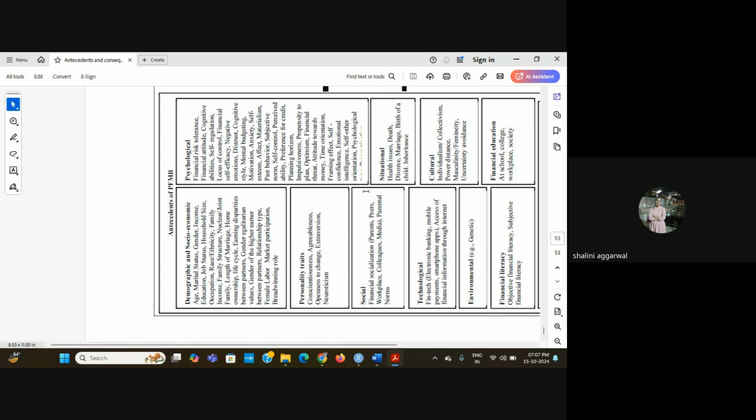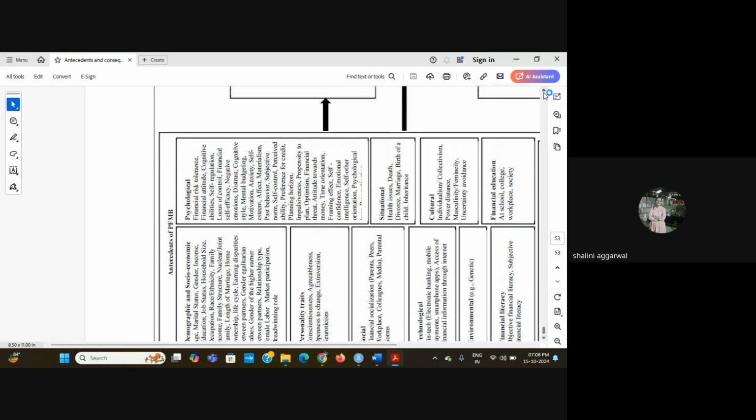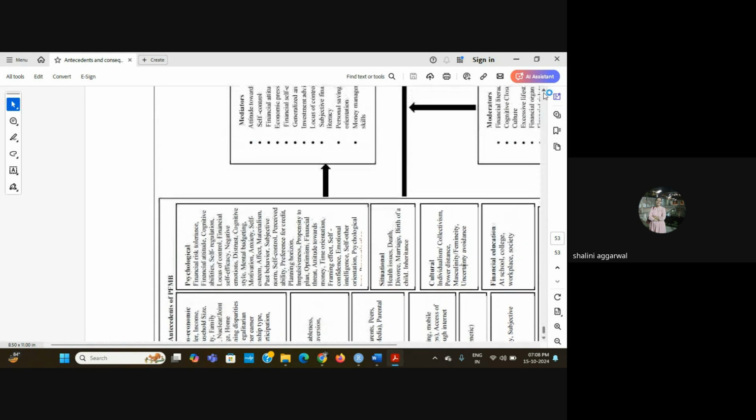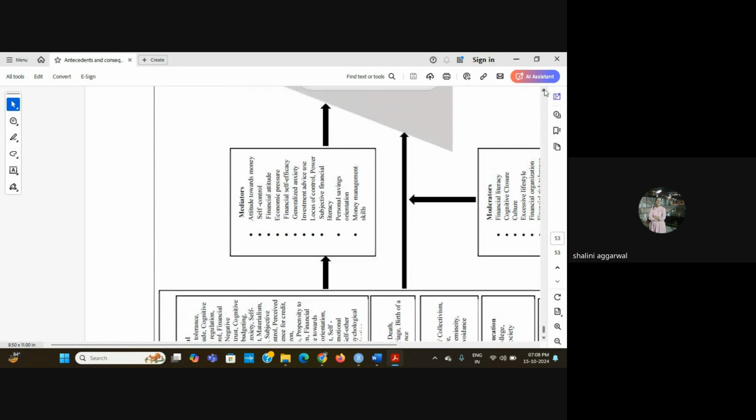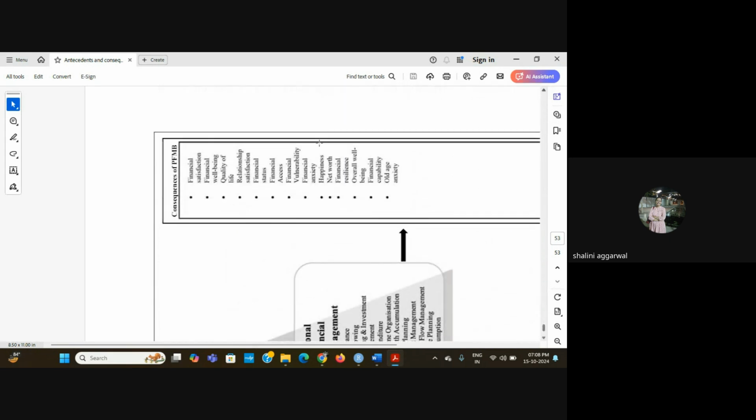He has taken all of these as the antecedent. For the D, that is decision, he took the mediators and moderators used by people in previous papers and designed this model with them as decisions. The final outcomes are the total outcomes that should be there in the personal financial management topic.